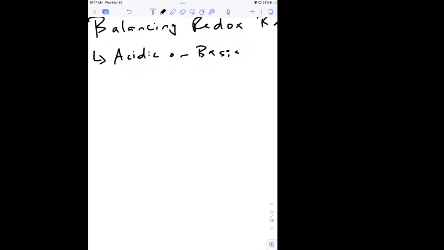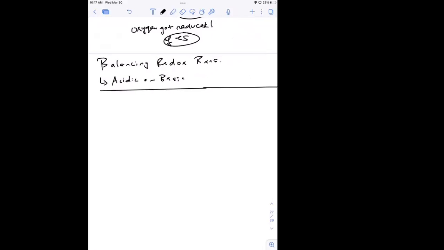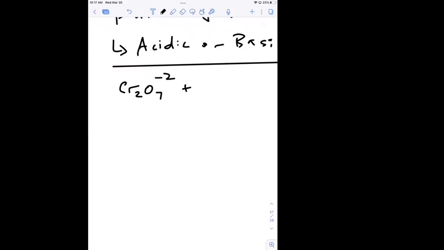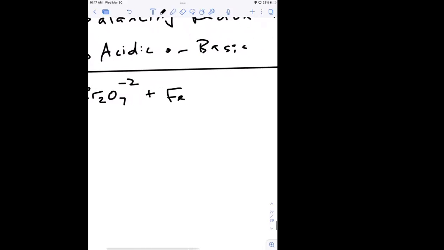So let's take the first example. And let's look at it. So this is going to be dichromate with a -2 charge. And that's going to be plus iron 2+.